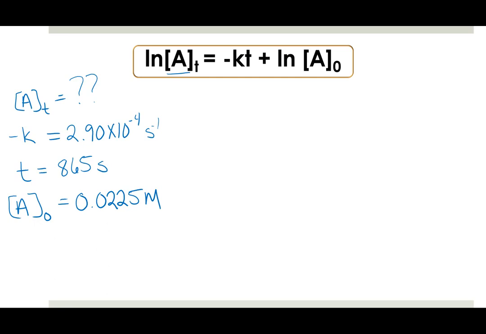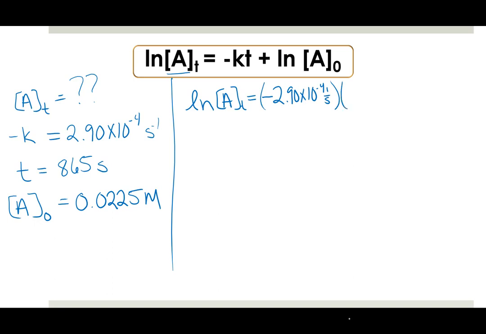Now we just need to plug and chug, plug it into our equation and chug through as much as we can. So the natural log of A at time t, that's what we're solving for, equals negative K. K is 2.90 times 10 to the negative fourth, 1 over seconds.